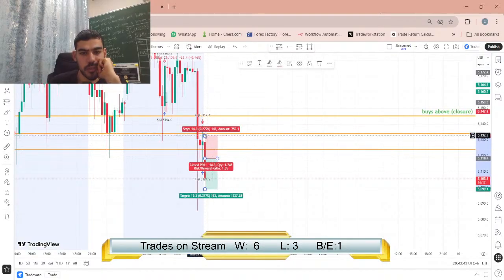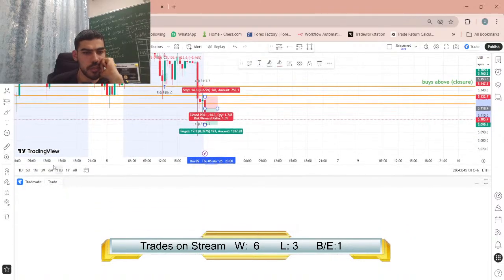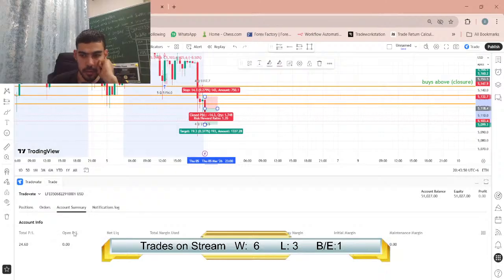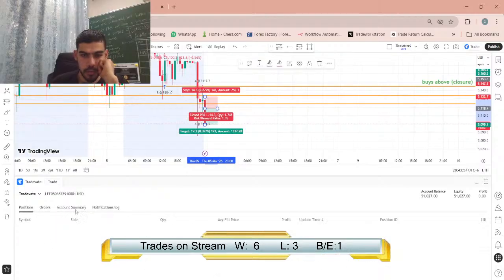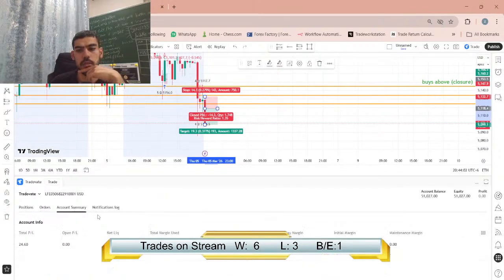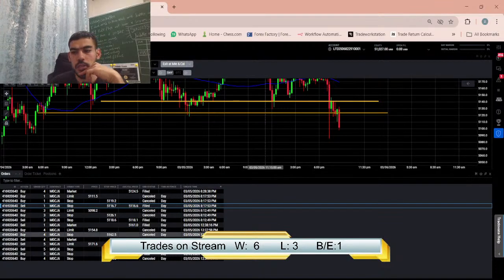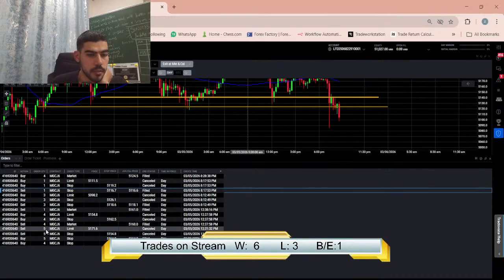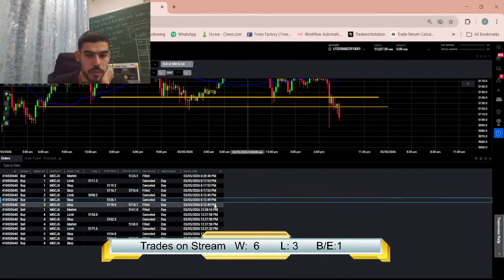Just interesting. So how much did this trade cost? Oh, it doesn't mention here how much it was. So yeah, buy at 8.